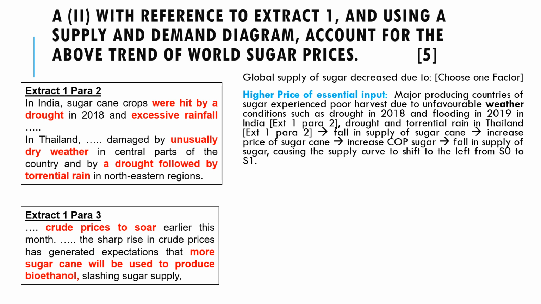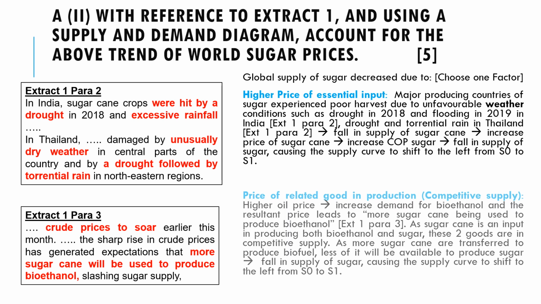The next factor is related to the higher price of oil given in extract 1, paragraph 3. With the higher prices of oil, more and more producers are moving to ethanol production for the production of energy. Ethanol production as well as sugar production both require sugarcane as an essential factor of production.